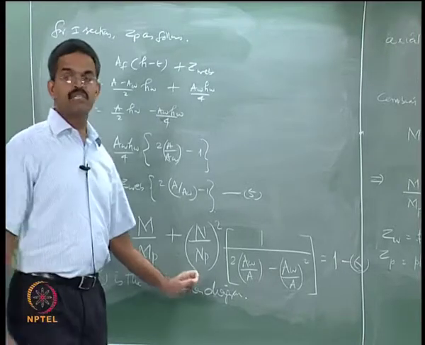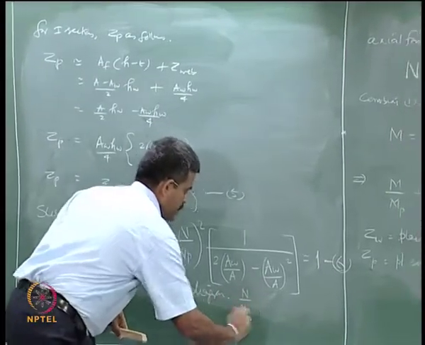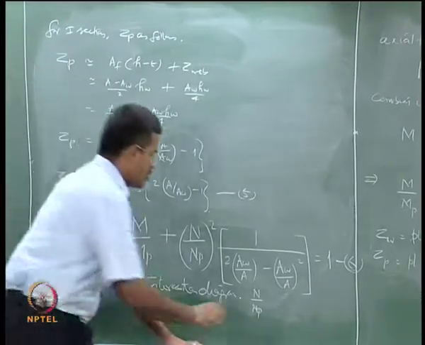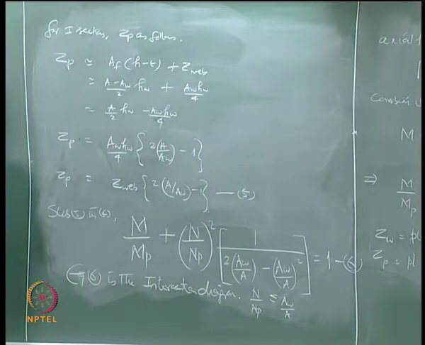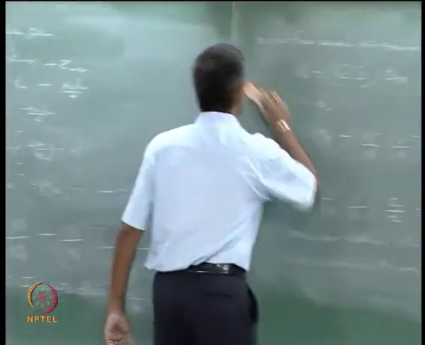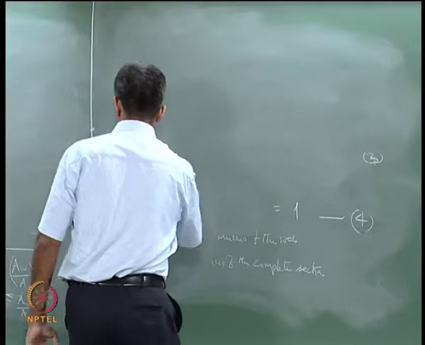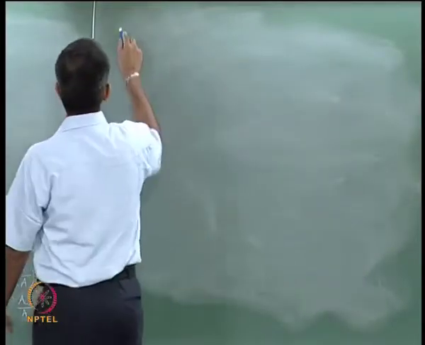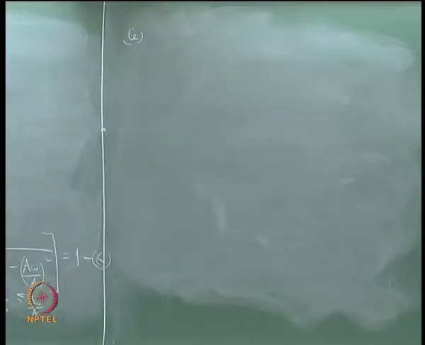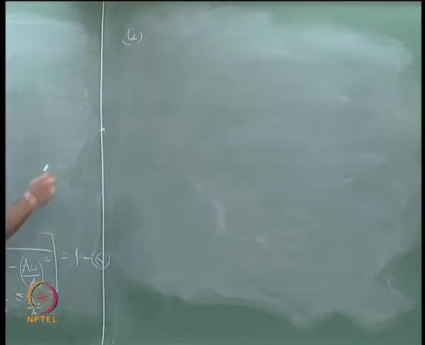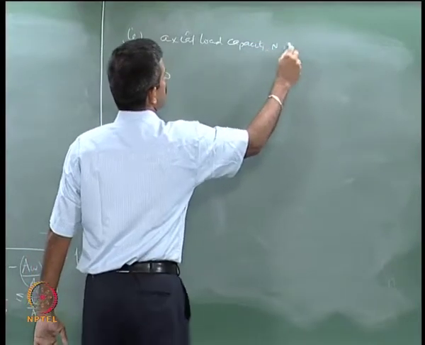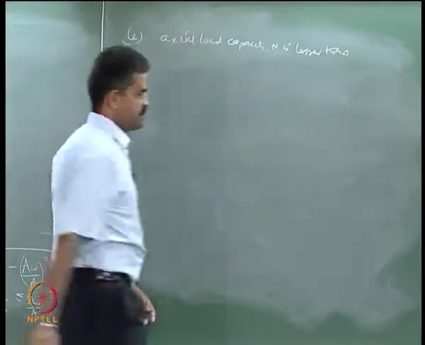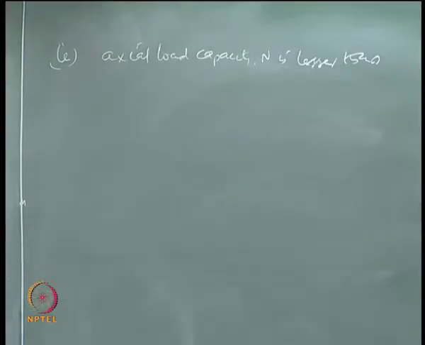This is true for a specific condition where N by NP is much lower than AW by A, that is, the axial load capacity N is lesser than the web capacity.